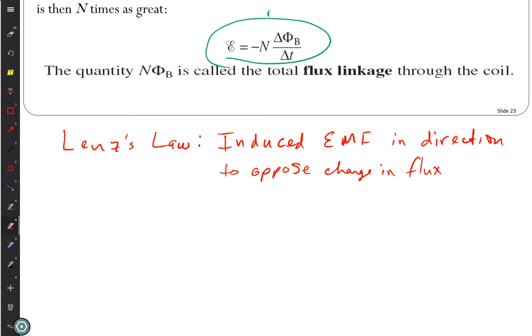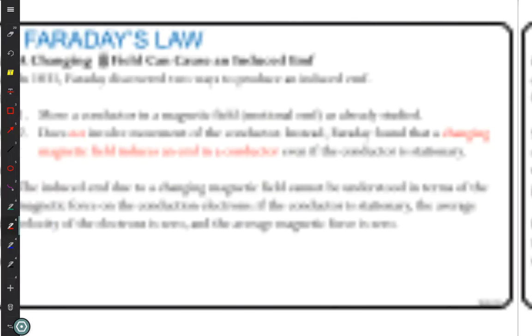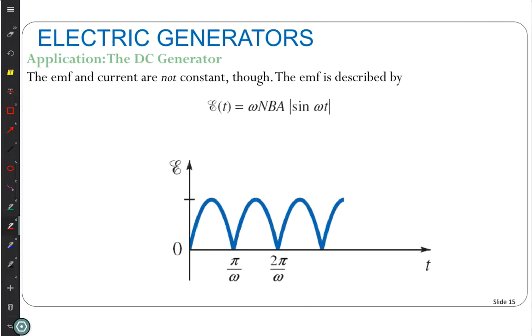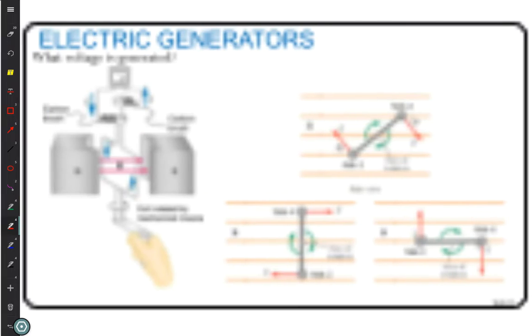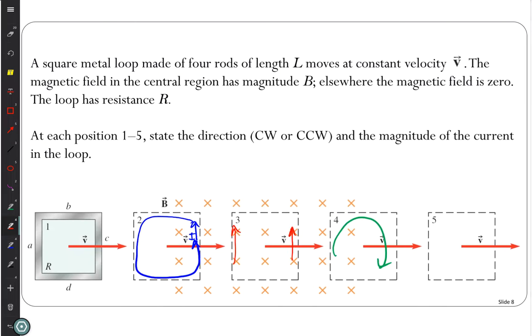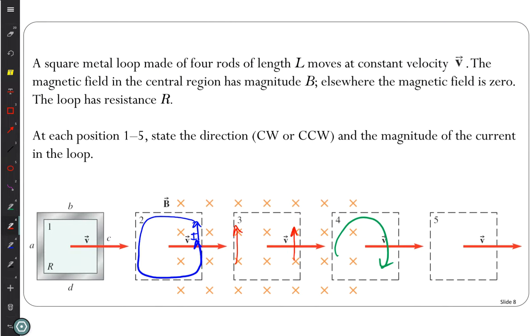But here's the thing about Lenz's law. Let's go back seven slides, or whatever it was. More than seven. Okay, so I did this situation of going from position 1 to position 2, because you had a change in flux.